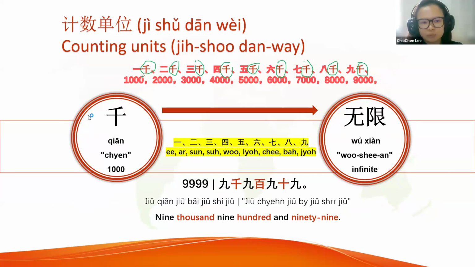The logic is the same when 个位数, 十位数, 百位数 and 千位数 are put in front or at the back.